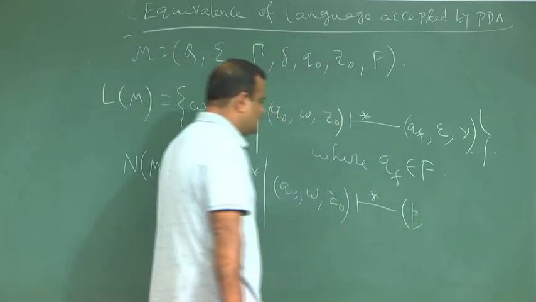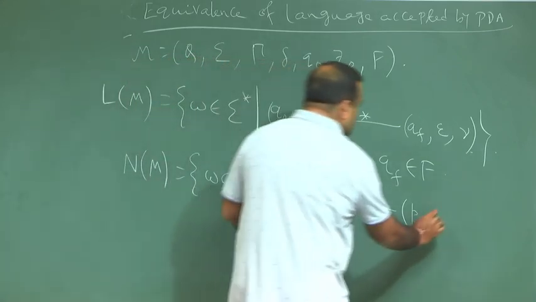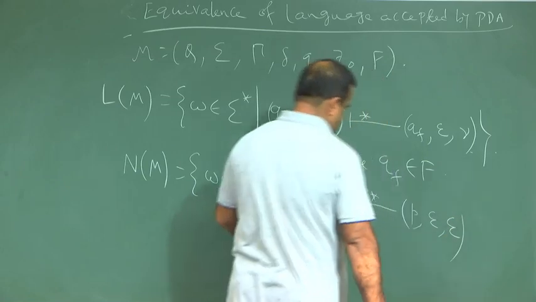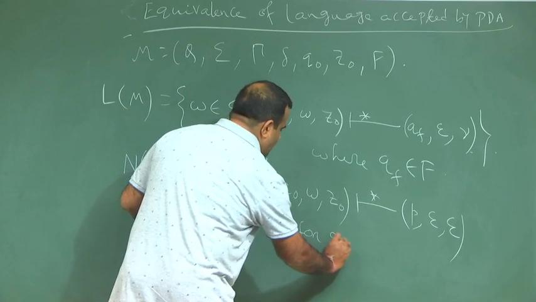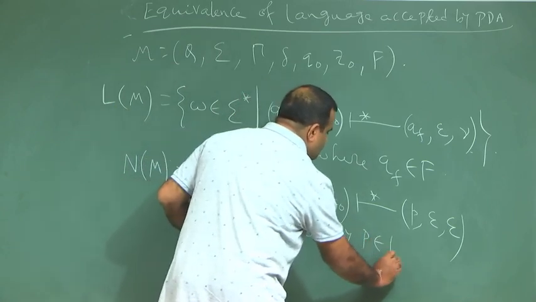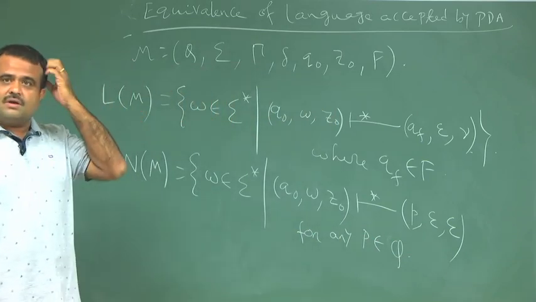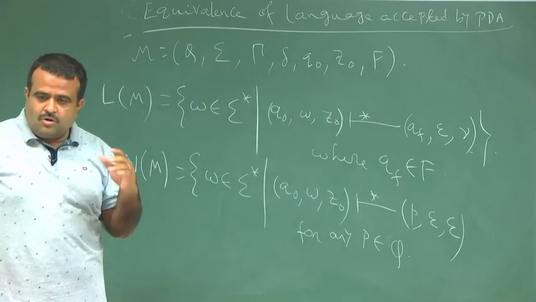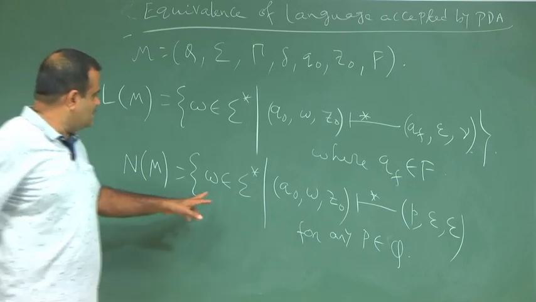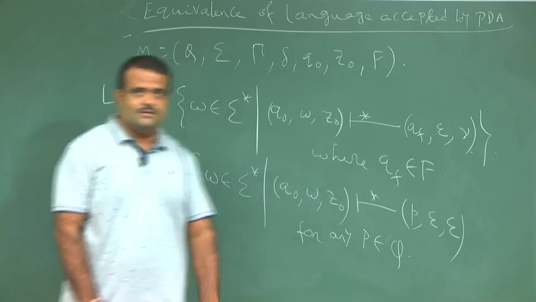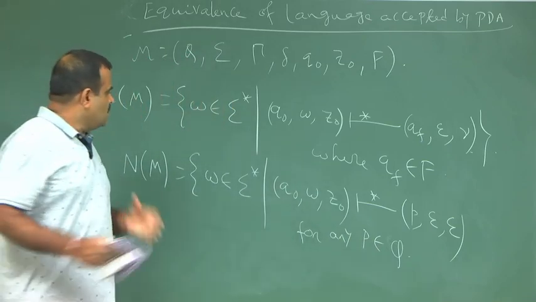We do not care about final state here, because it is only acceptance by empty stack. So for any p belonging to Q, we do not need to reach a final state. It can be any state. The only thing required is that the stack should be empty, so all the symbols should be erased from the stack.